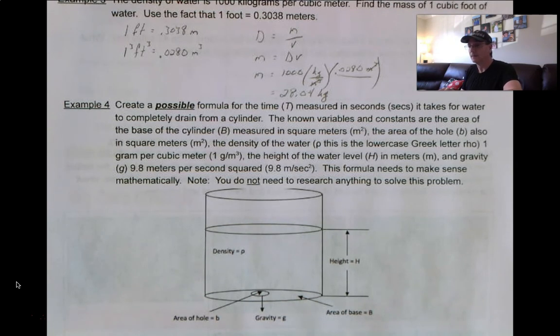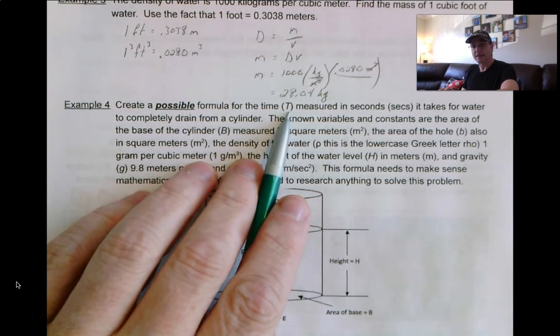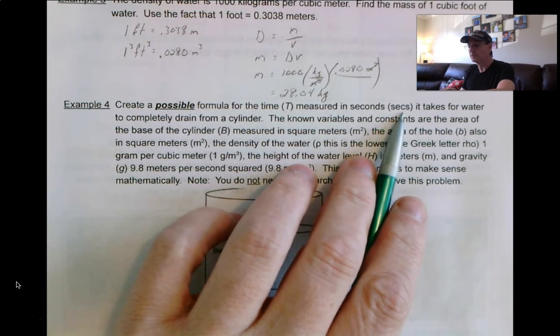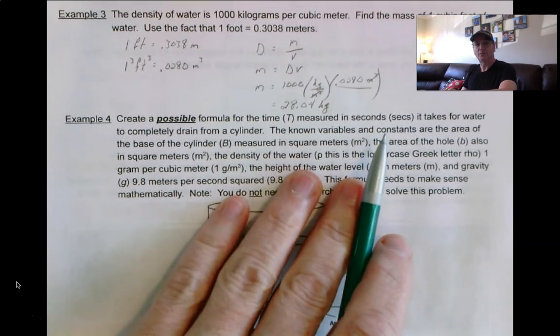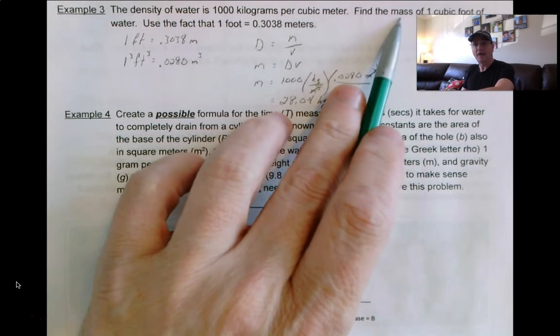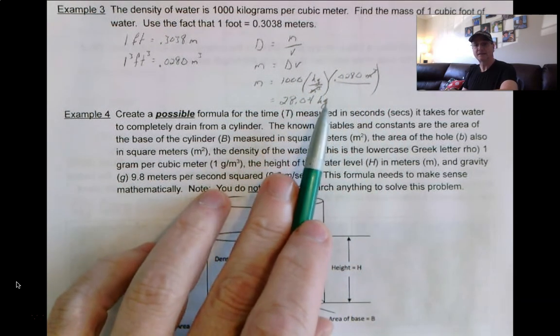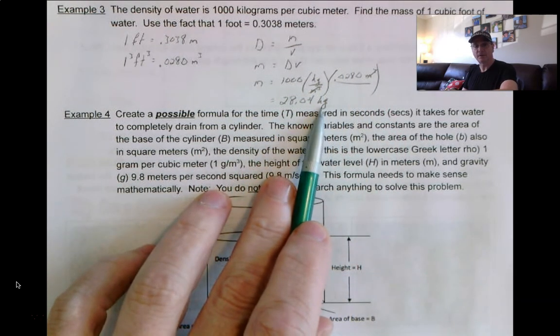What does that mean? Well, what are we looking for in the end? What is the goal of this problem? What are we trying to find? We're trying to find time, which is measured in seconds. This is important because, like in the previous problem, when we were trying to find mass, our final answer had to be in kilograms.